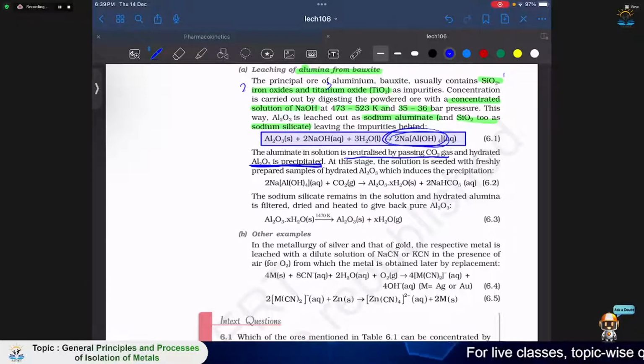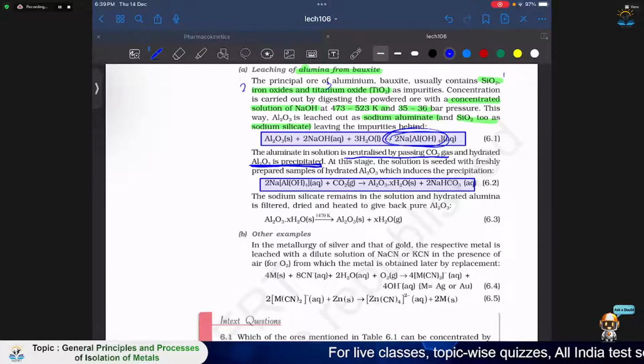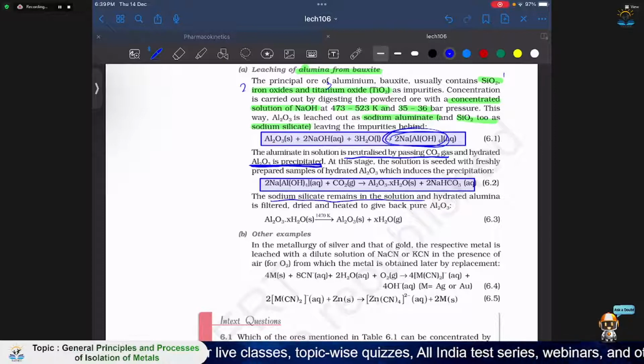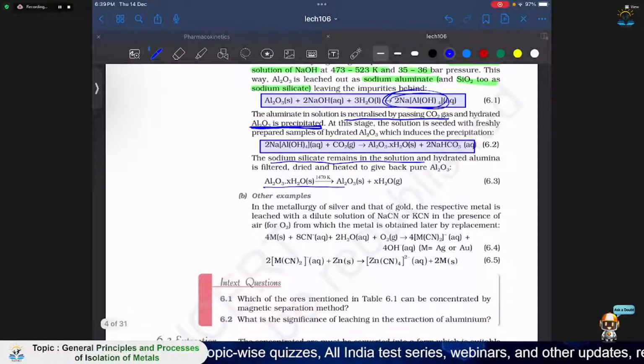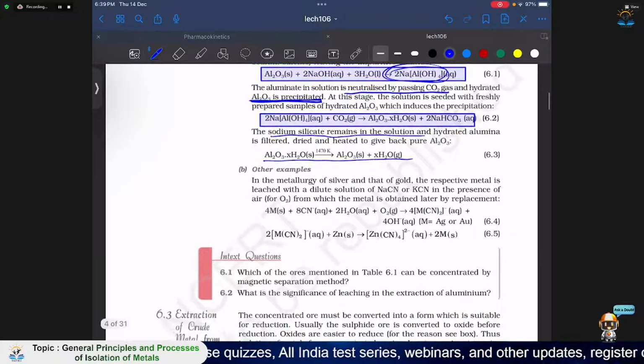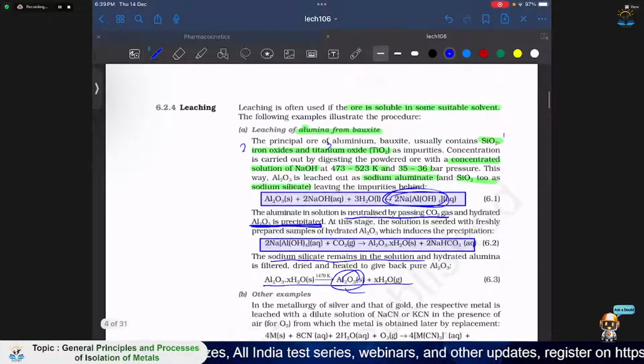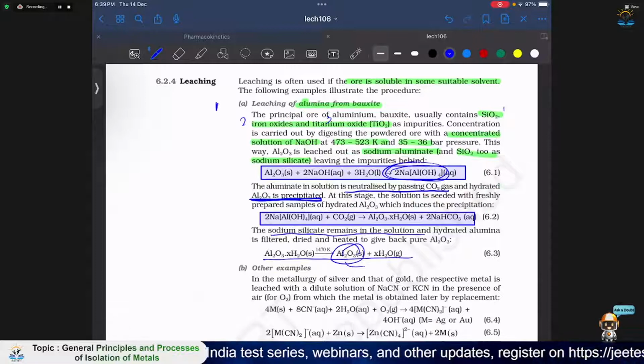So this is how you remove it from sodium aluminate. Sodium silicate remains in the solution, and the hydrated alumina is filtered, dried, and heated. Sodium silicate is left in the solution because you have not added anything to precipitate it. Now the hydrated alumina, you dry it, you get your solid alumina. This is how you do the leaching. Really important. Any of the steps could be asked.